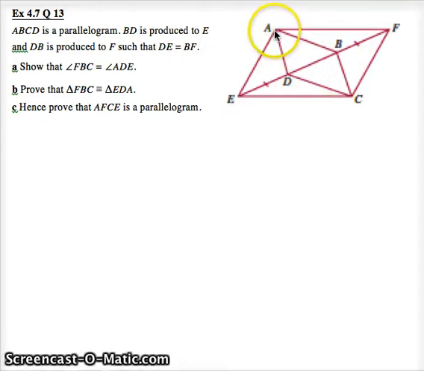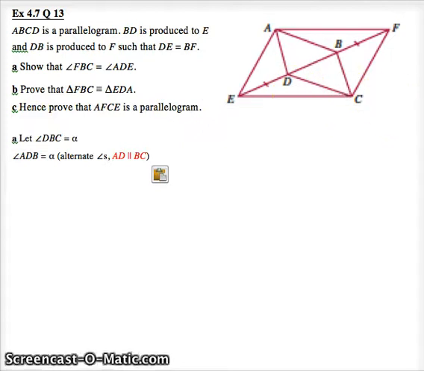I think the best type you can see here is that backward Z, where we can use alternate angles. So if we let this angle down here, angle DBC, equal alpha, then this angle in here, angle ADB, will also equal alpha because AD is parallel to BC. So let's write that up first.